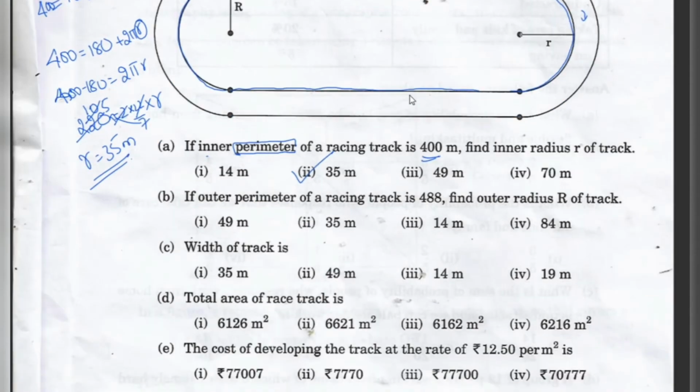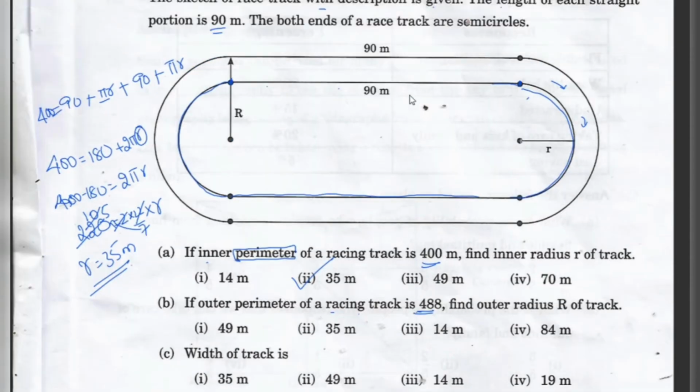Same way do it for the second one. Outer perimeter of the racing track is 488. So outer means, again if you start here on this line, you have to add 90 plus this side here, this track you are running, one more 90, and then this semicircle. So here I will write directly 2 pi r. The same formula, instead I will write capital R here, that is equal to 488.